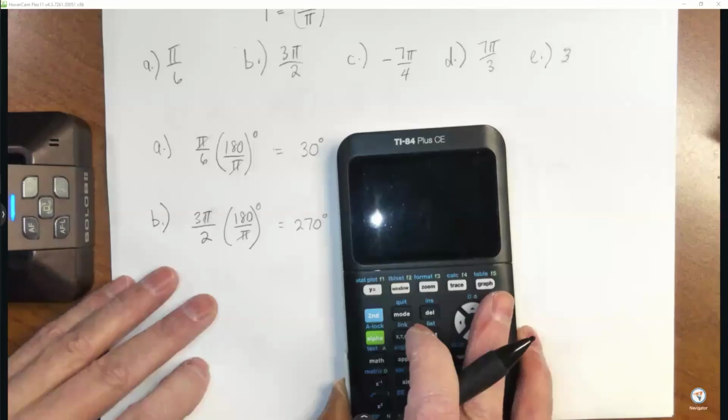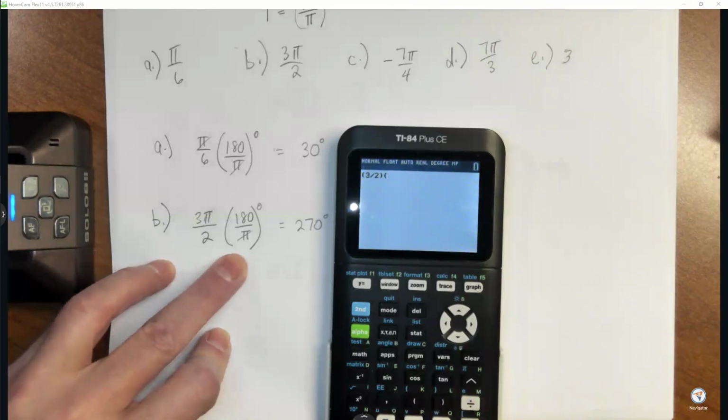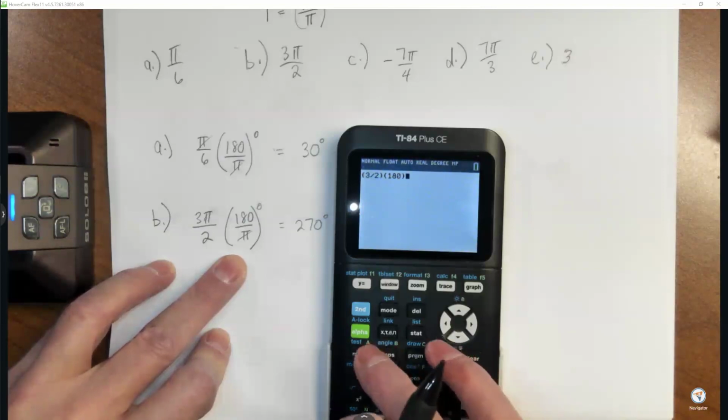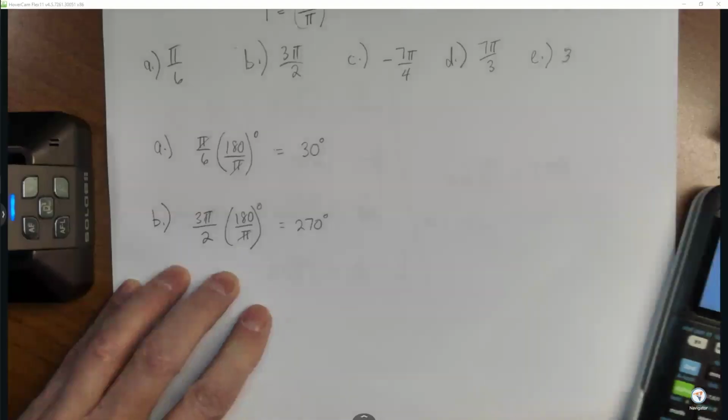Of course, you can put it into your calculator: take the fraction 3 over 2 times 180, and ask for lowest terms, and we get 270.